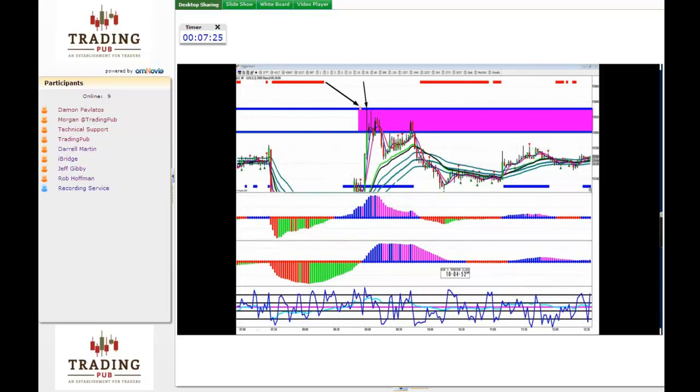Real quickly, since our time is short, I just want to explain the concept of rocket fuel. Basically, if you've got a distribution area in the backdrop, what we're looking for is not a move that uses up all the market energy to get up near the top end of that range, because then it's much more likely to roll over.